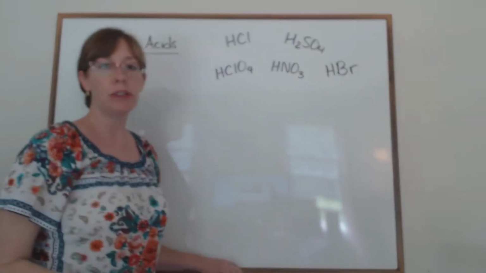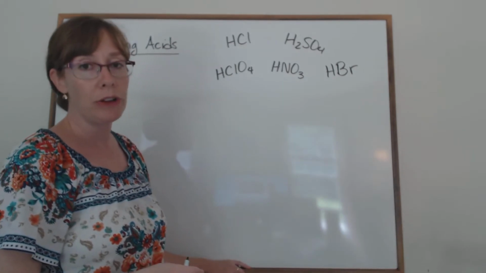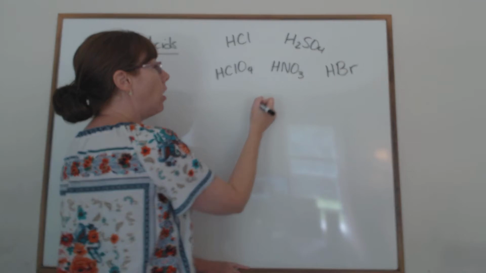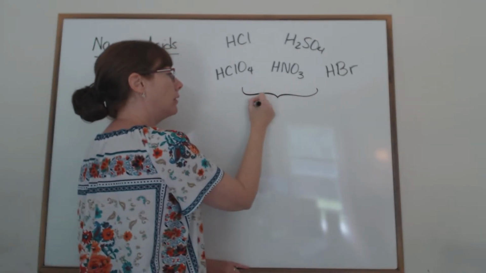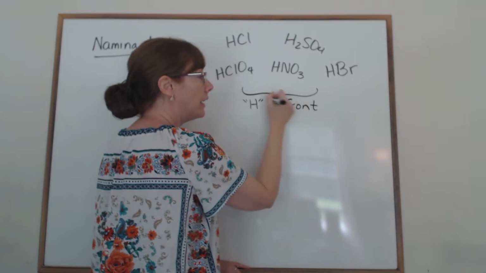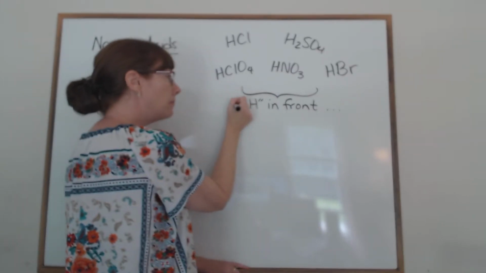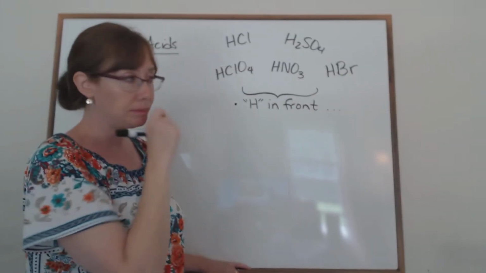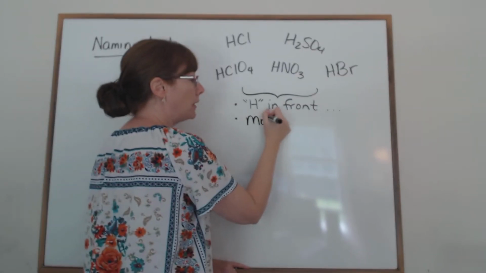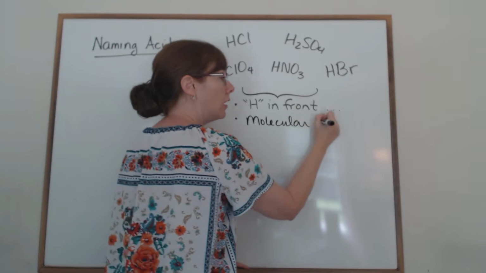All right, so those are just 5 of the ones that were on your memorization list. What I want you to notice about all of them is that all of them have an H in the front. And in terms of the acids that you'll encounter in Chem 101, they all will have an H in the front. And not only that, I do want you to notice that these are all molecular compounds.